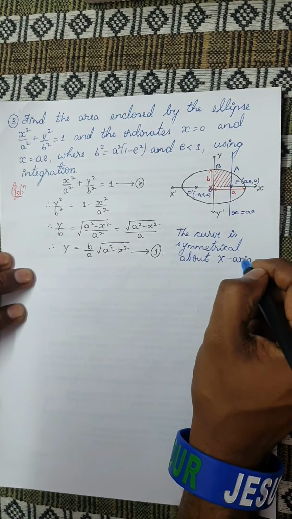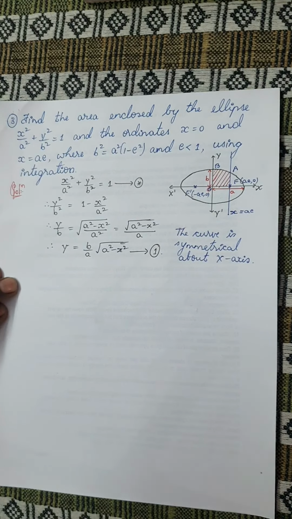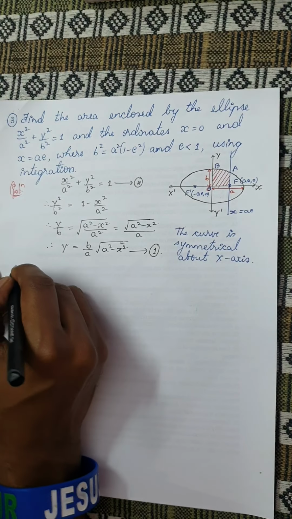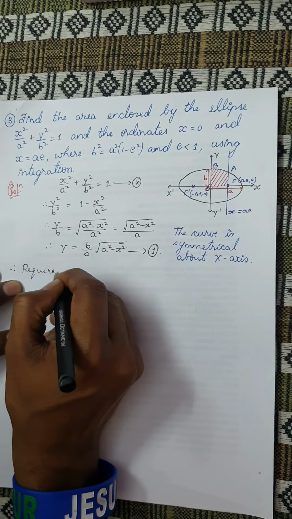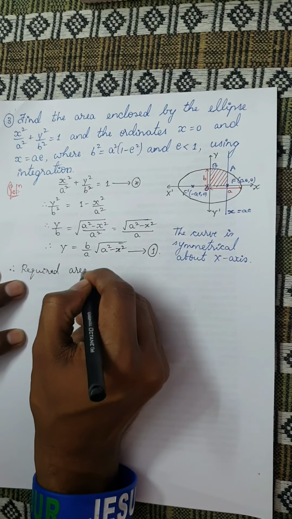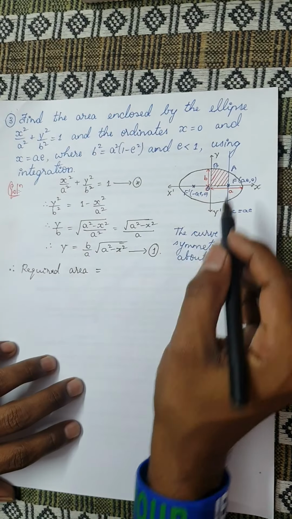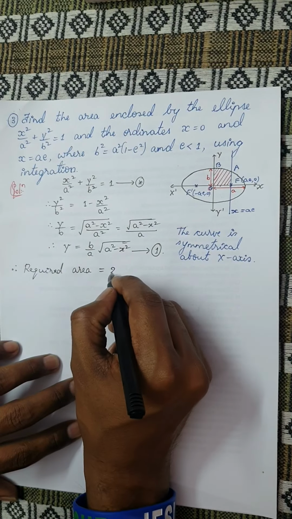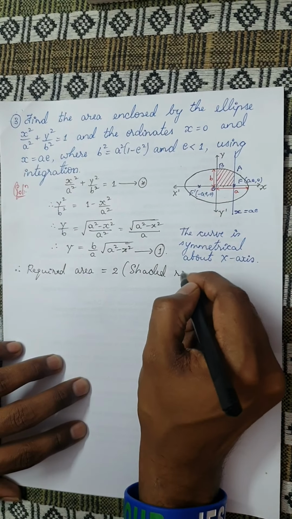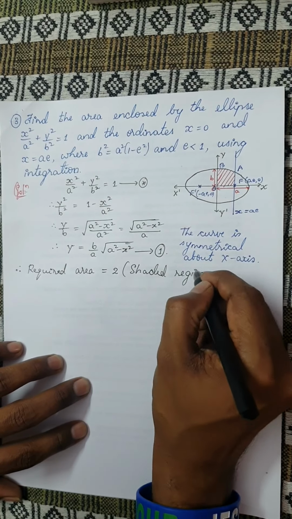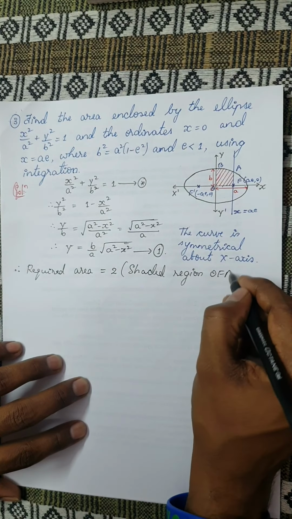You might take both the axes, but my region is only in the first and fourth quadrant, so I'm taking it around the x-axis. Therefore, for my required area, in the previous case I took 4 times, but here I'm just going to take 2 times the shaded region. What is the shaded region? OFABO.